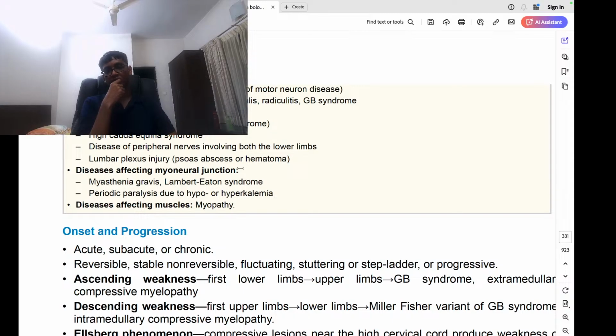Lambert-Eaton syndrome, I'm saying this, so check it. I do not remember this either. It's a rare autoimmune disease characterized by weakness of the limbs, also known as myasthenic syndrome.